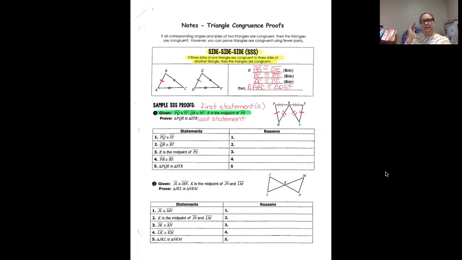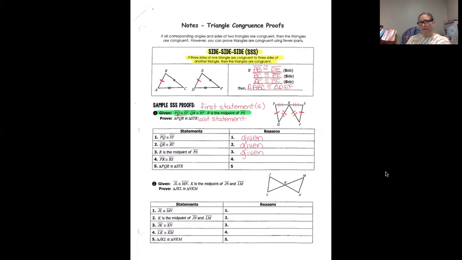If it is listed in the given, that is your reason. So PQ is congruent to ST, part of the given. That is our reason, given. QR is congruent to RT, also part of the given. R is the midpoint of PS, also part of the given.